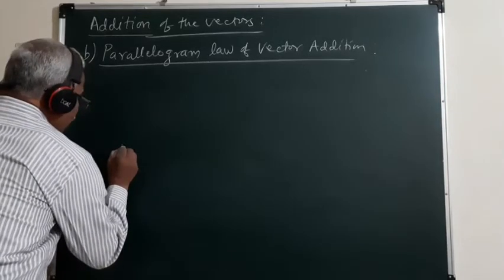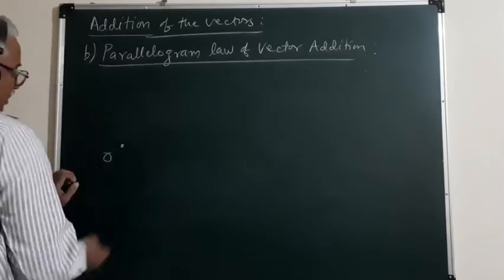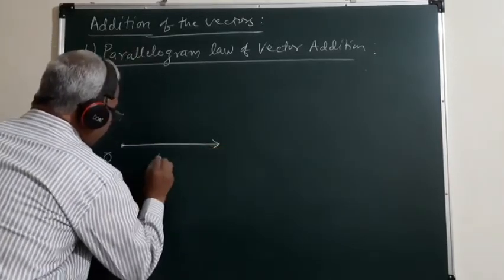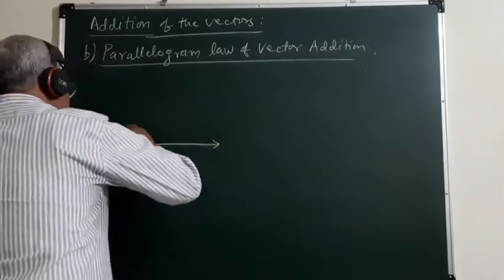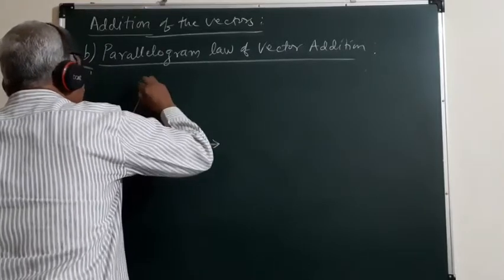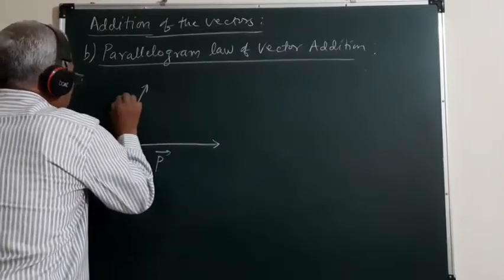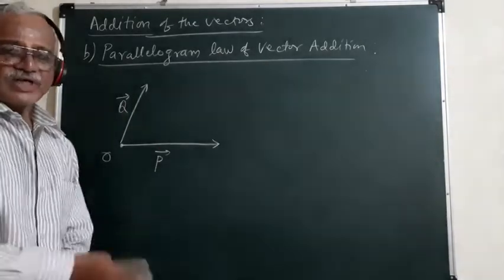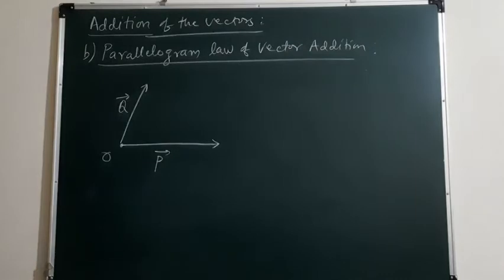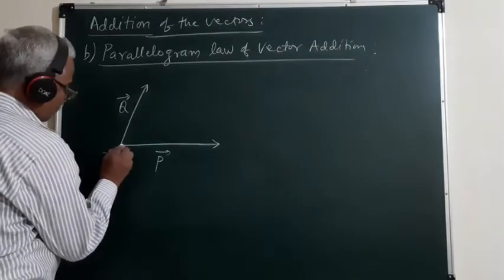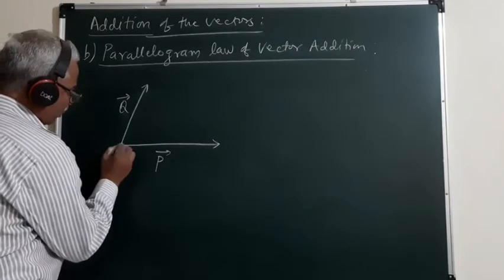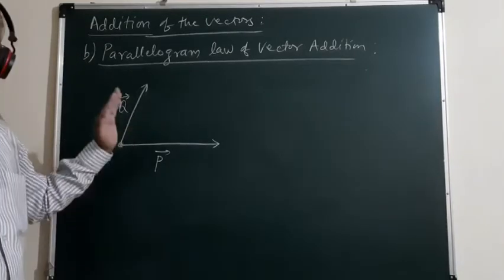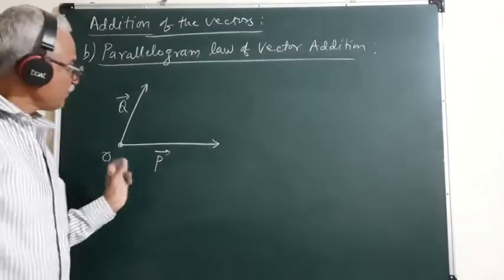Suppose we have this point O. So this is the first vector p bar and this is the second vector q bar. We want to perform the addition of these two vectors p bar and q bar by using the parallelogram law method, so for that purpose both the vectors start from the same point.